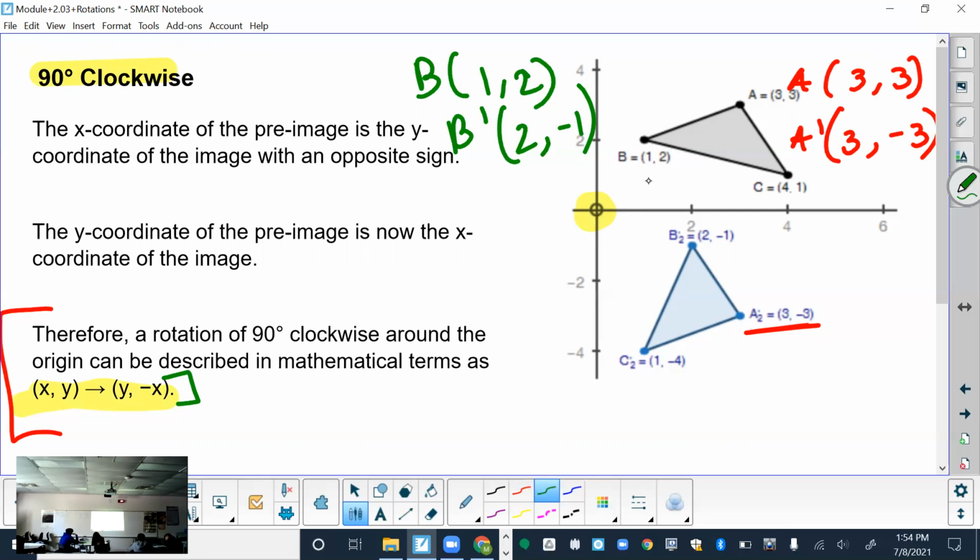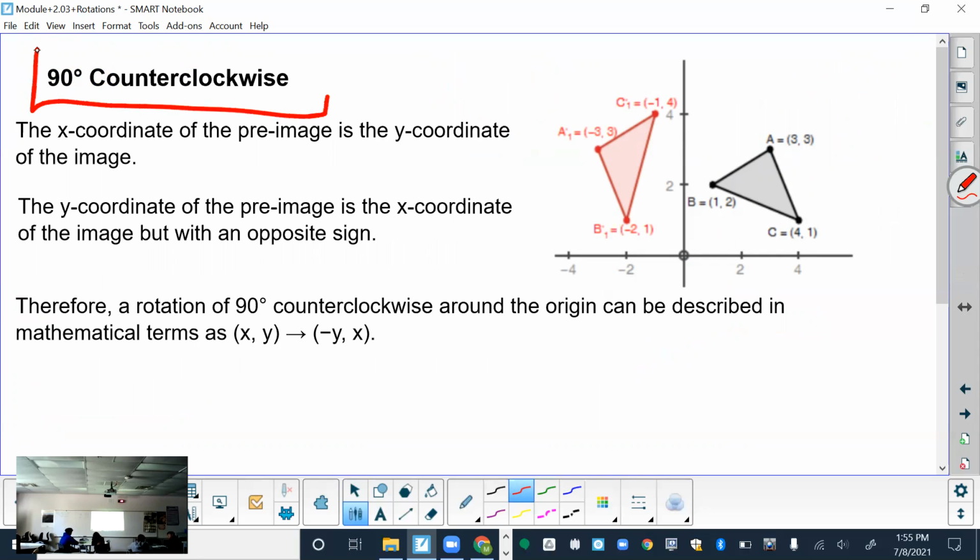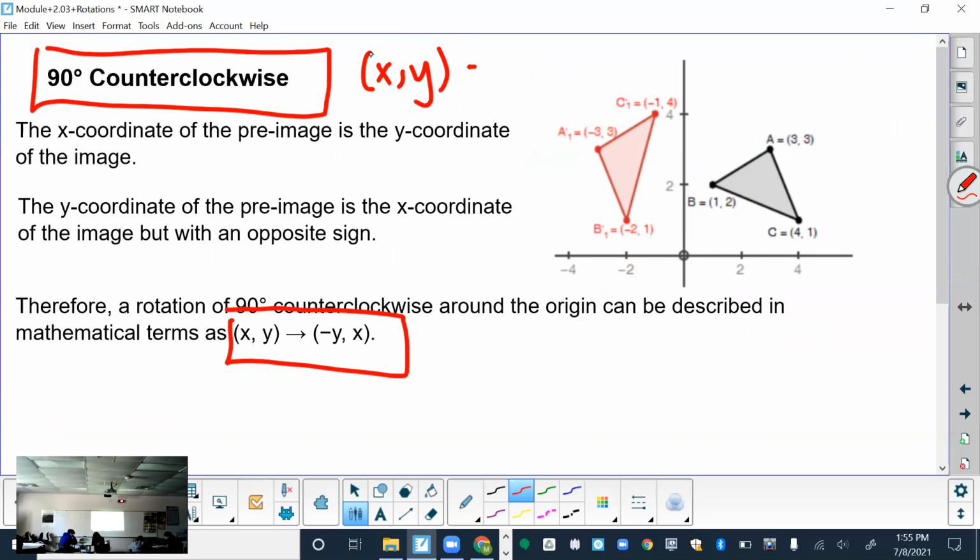For 90 degrees counterclockwise, we are going to follow this rule down here. I would highlight or star this and the rule for it. So if my original coordinate is x, y, my new coordinate will now be -y, x. All right, and here's your example.